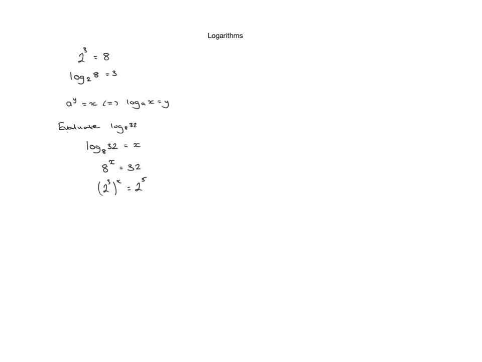Using our index laws, if we have a bracket, then we multiply the indexes together, so we end up with 2 to the power of 3x is equal to 2 to the power of 5.